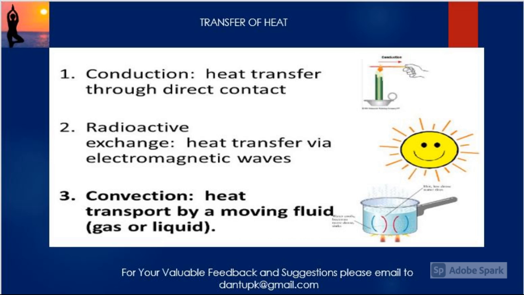Why does it cool down? Because the heat is transferred from the pan to the surroundings. So, you can understand that in both cases, the heat flows from a hotter object to a colder object. In fact, in all cases, heat flows from a hotter object to a colder object.